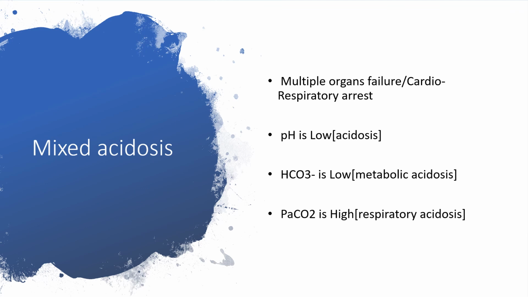In mixed acidosis, this could be found in multiple organ failure or in cardiorespiratory arrest. Here we're going to find the pH to be low, which is acidotic region. The bicarbonate ion will also be low, pointing to metabolic acidosis.